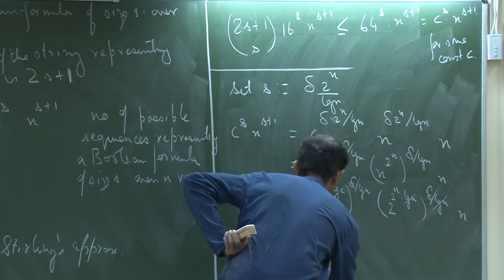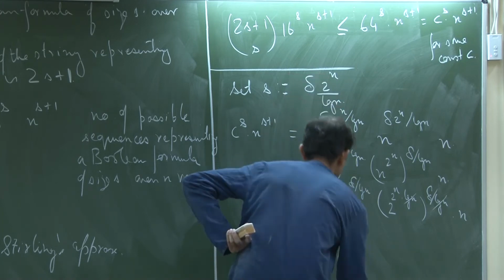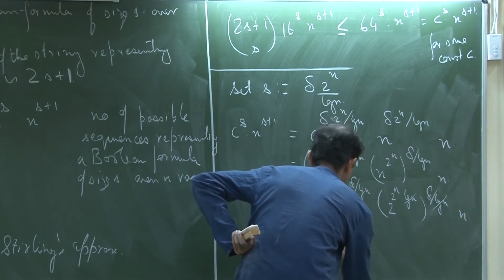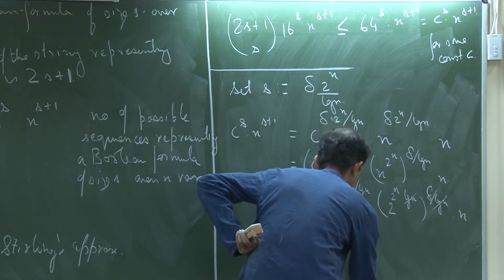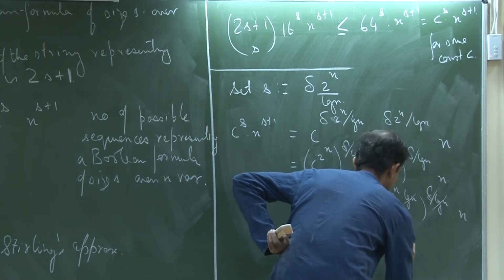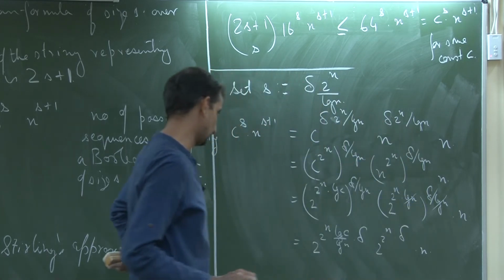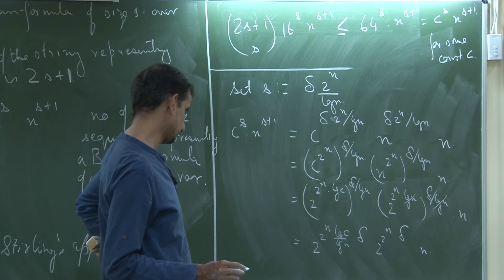two to the power n log C by log n times delta 2 to the power 2 to the power n times delta times n over here. So, this is what?